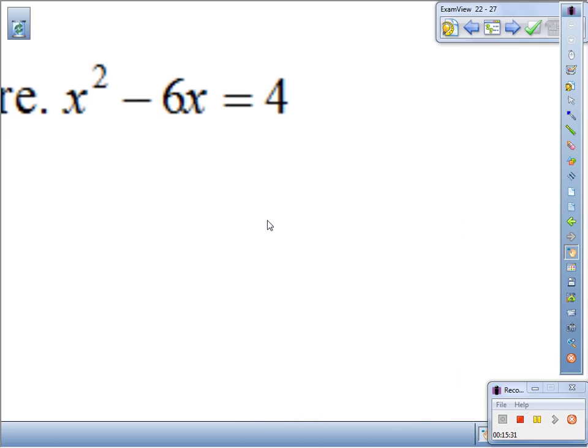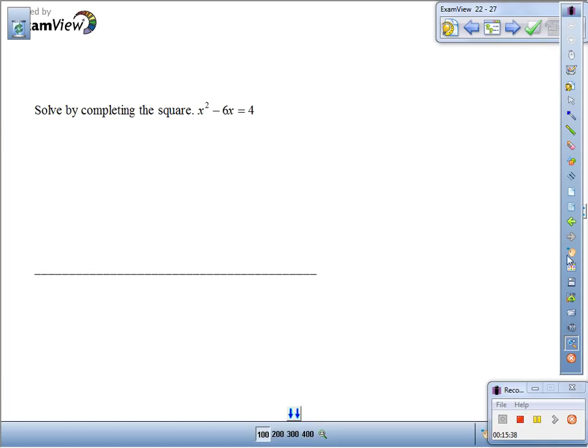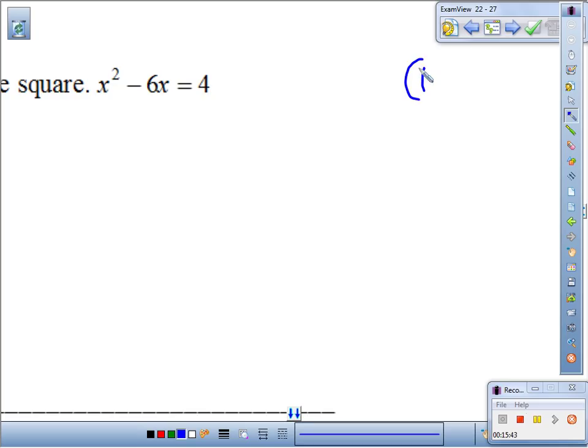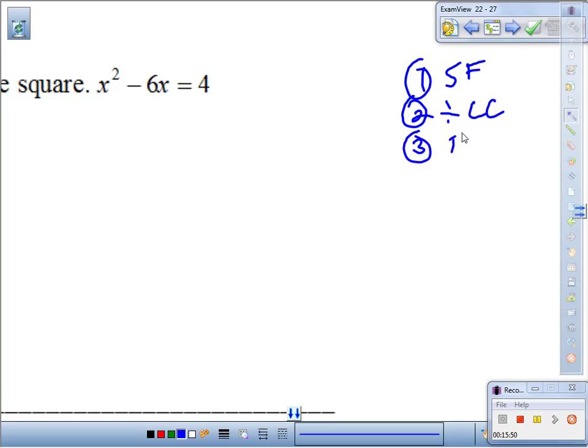They already did the first 3 steps for us. They already did step 1, which is standard form. They already did step 2, divide by the LC. They already did step 3, eliminate the constant. So we are on step 4.